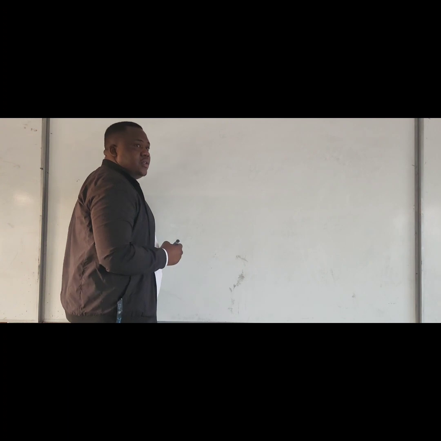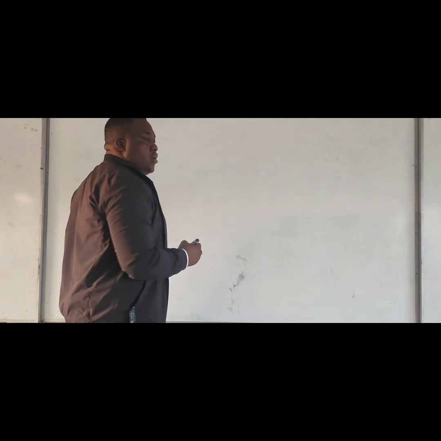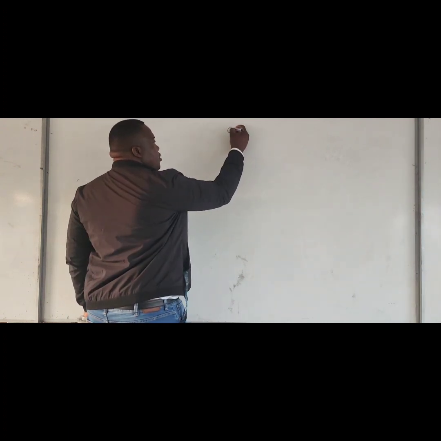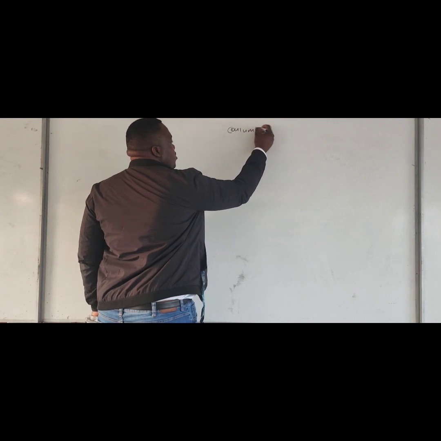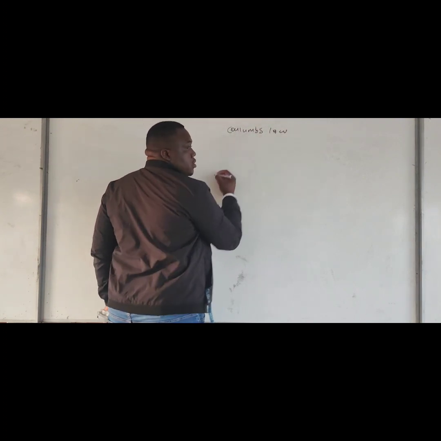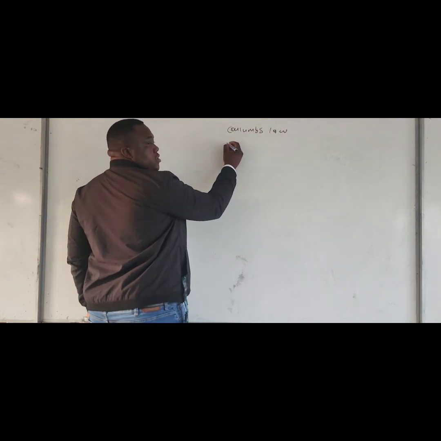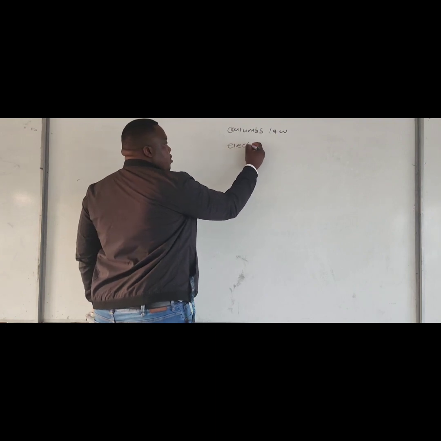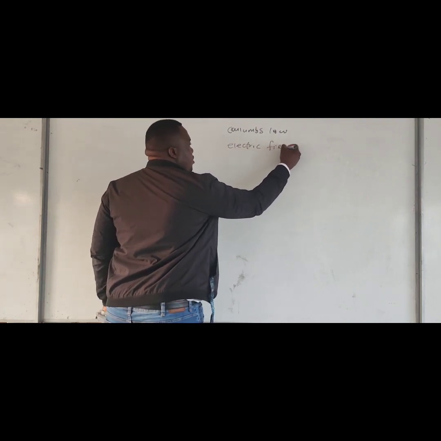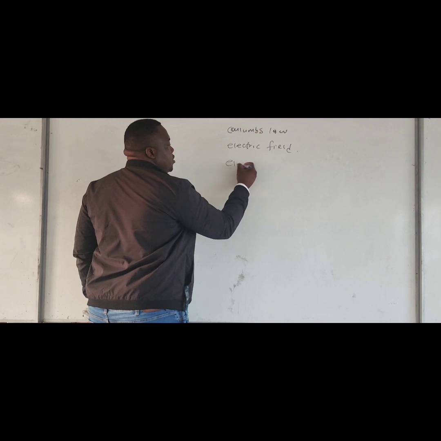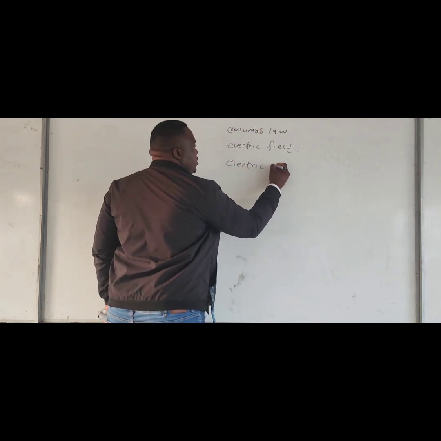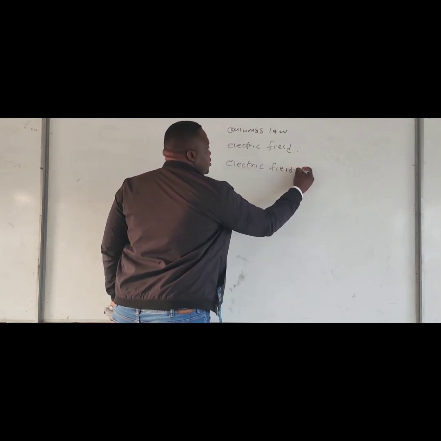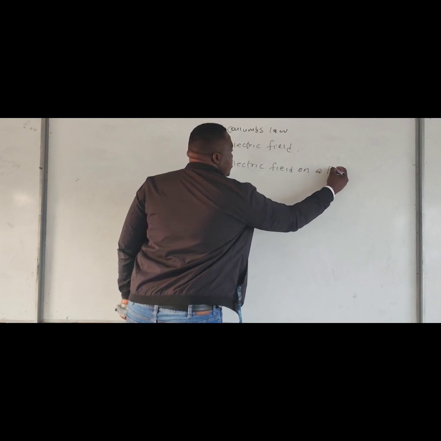The first one is just to state a law. You need to be able to state Coulomb's law, right? Then the second one is electric field. The third one is electric field on a point.